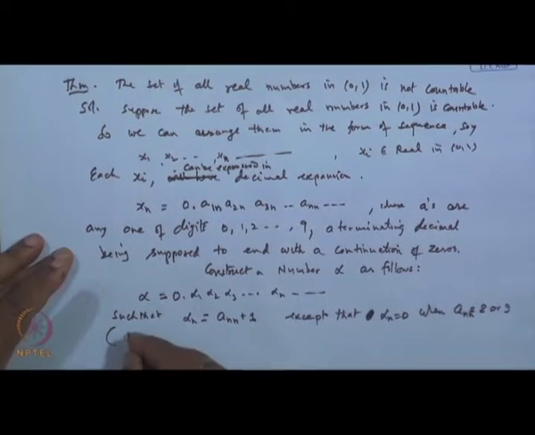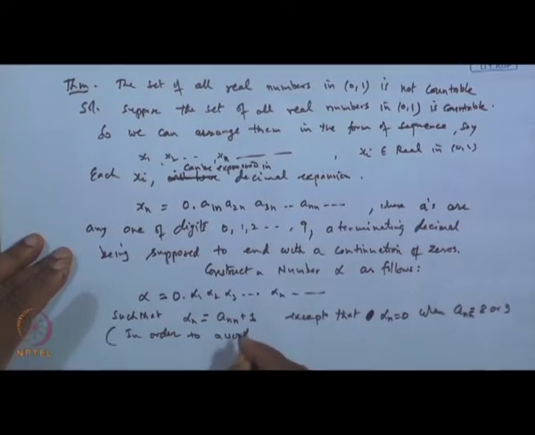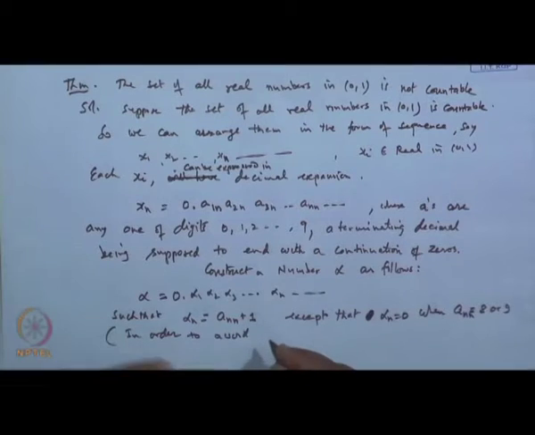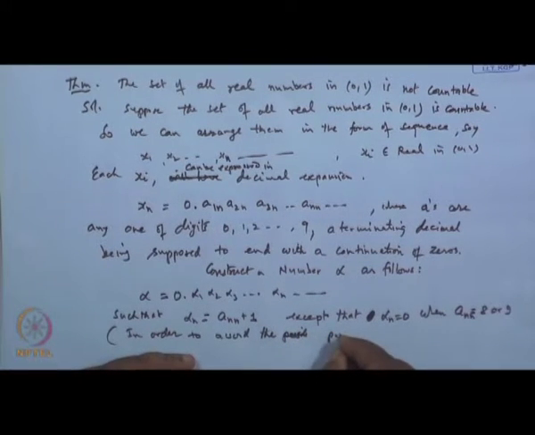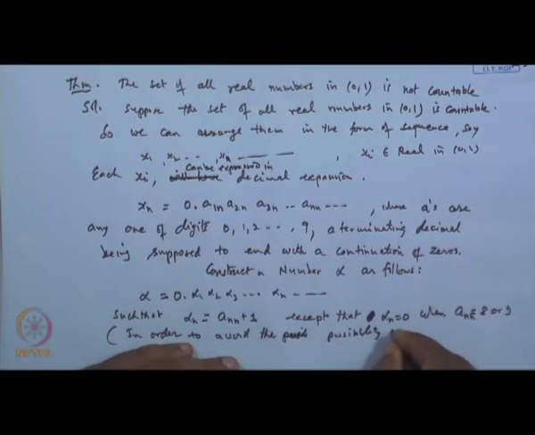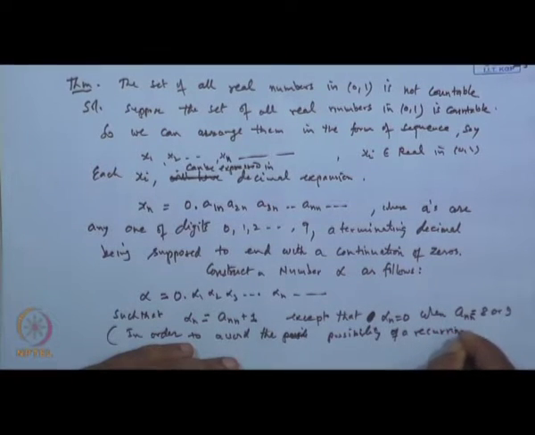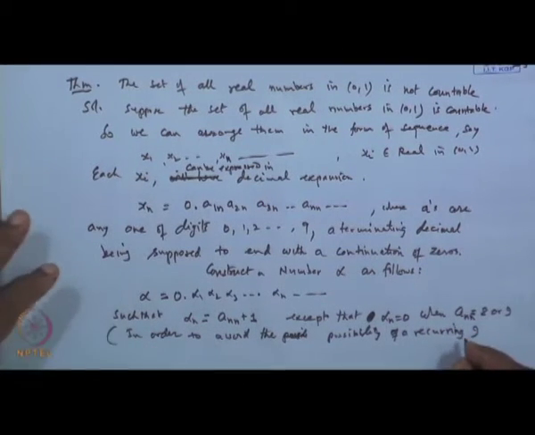This is done in order to avoid the possibility of a recurring 9 in alpha.